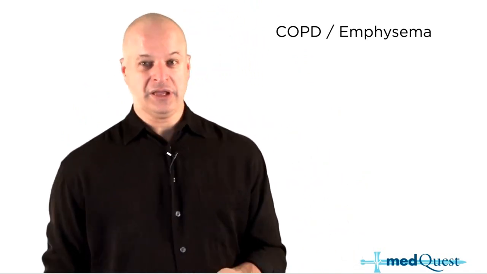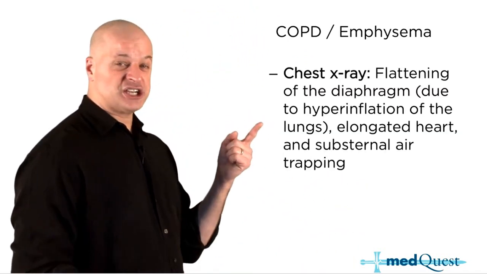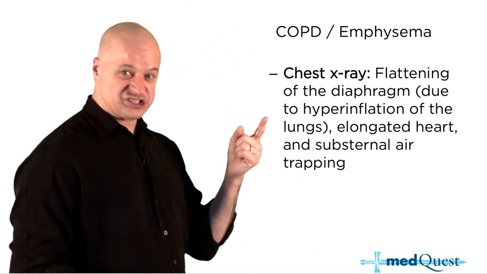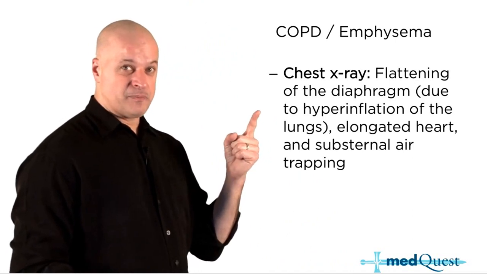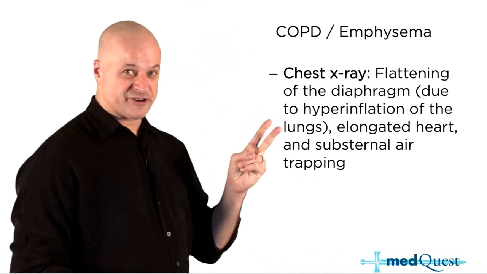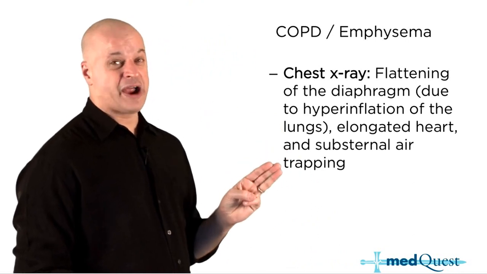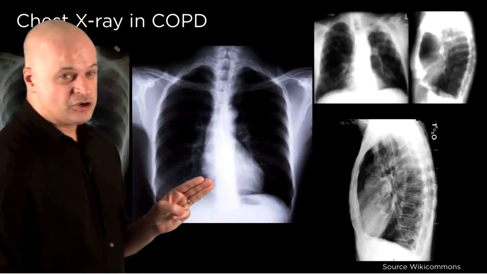We want to make sure that when you're a doctor, you don't miss anything. And that's why the chest x-ray you'll get on every COPD patient. Barrel chesting, flat diaphragms, thin heart.